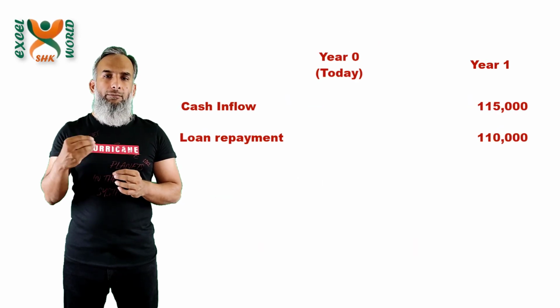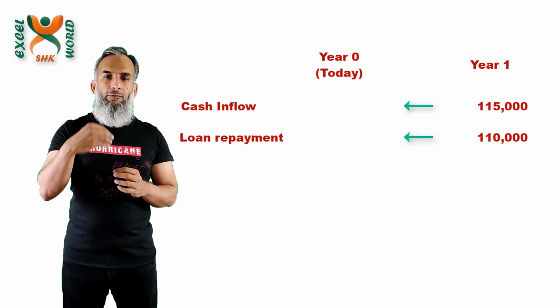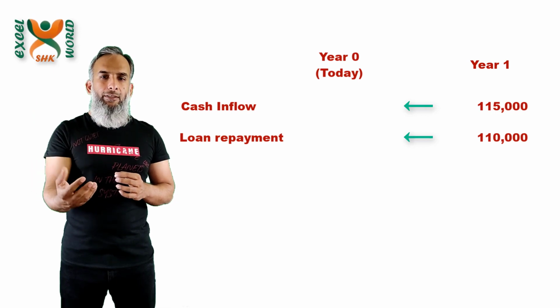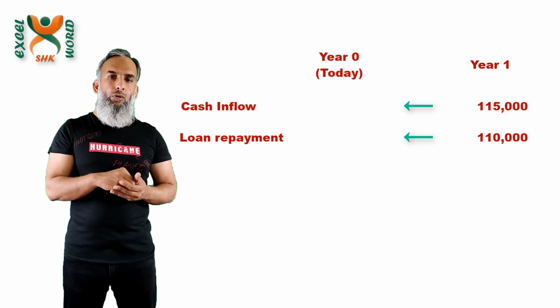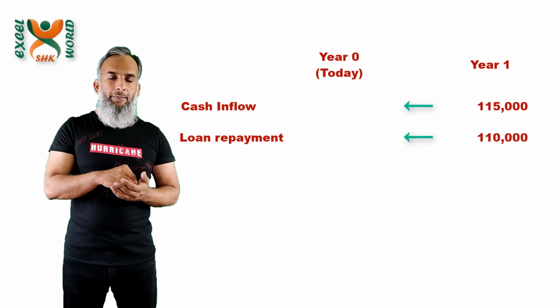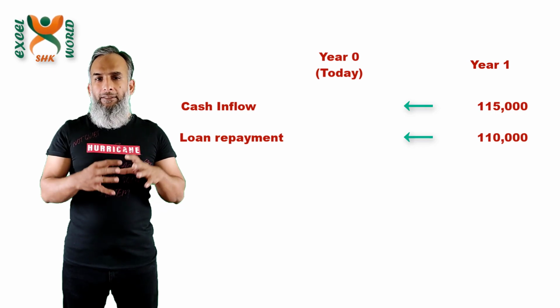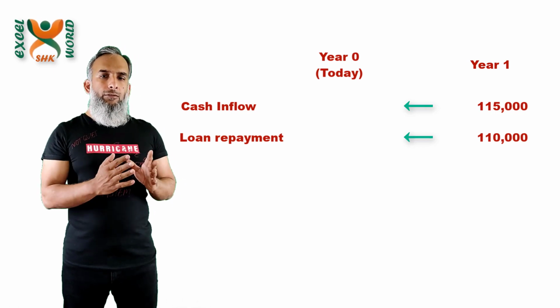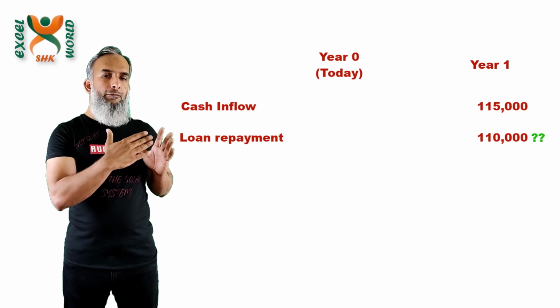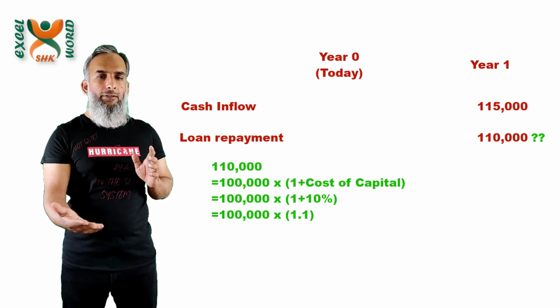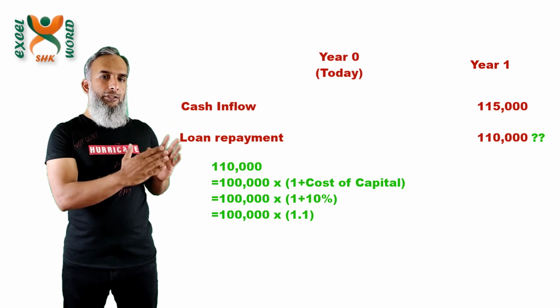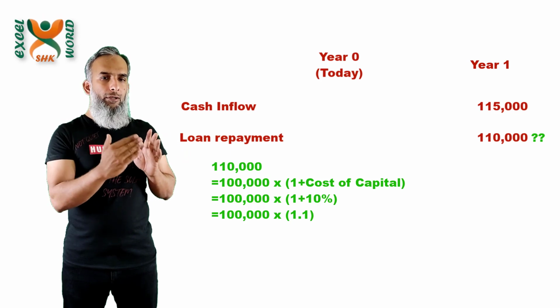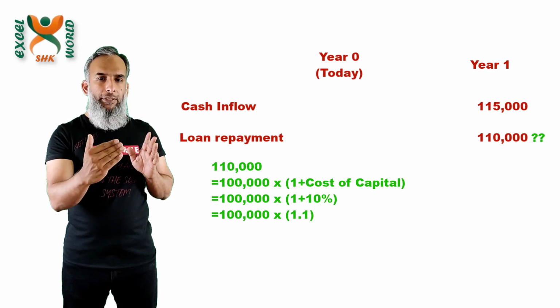You have to bring all of the cash flows from the future years to time zero, or in terms of today, and then calculate the net value. So we went from 100,000 to 110,000 by multiplying 100,000 with 1.1, or 1 plus the interest rate.